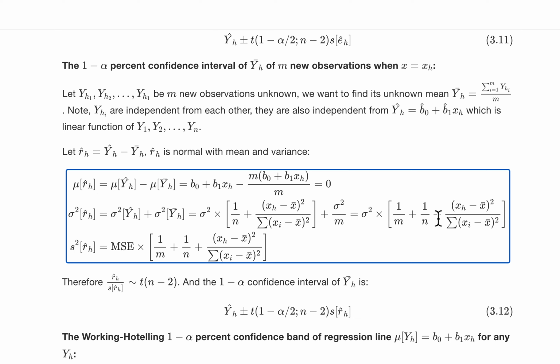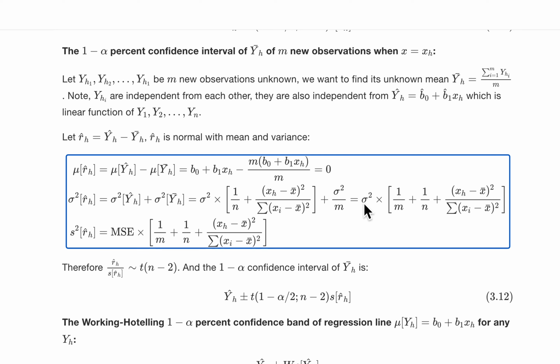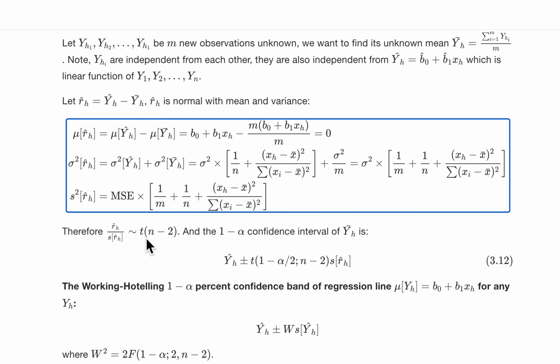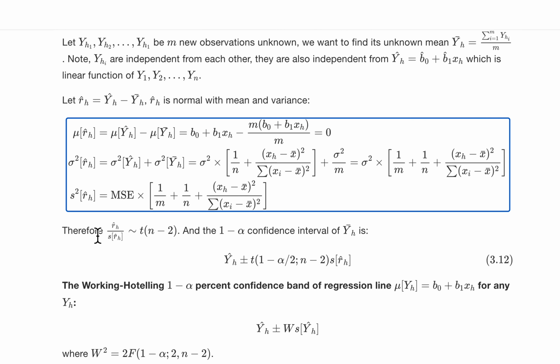We can estimate the variance with the MSE, the sample variance. Therefore, very similarly, we find that R_h hat divided by its estimated standard deviation is actually a t-distribution with n-2 degrees of freedom.